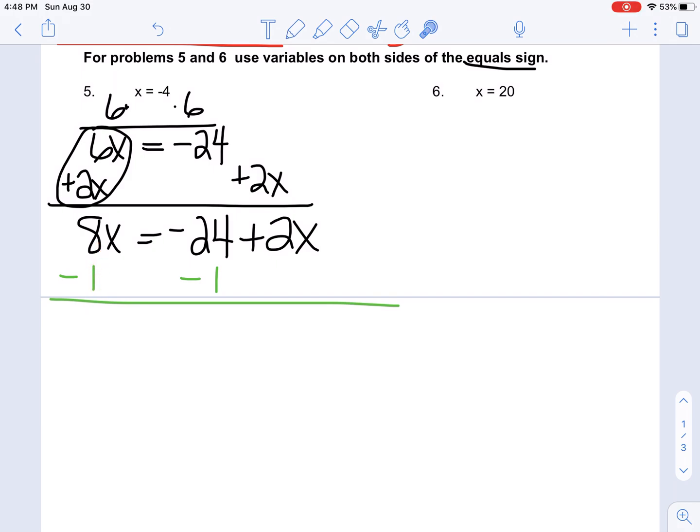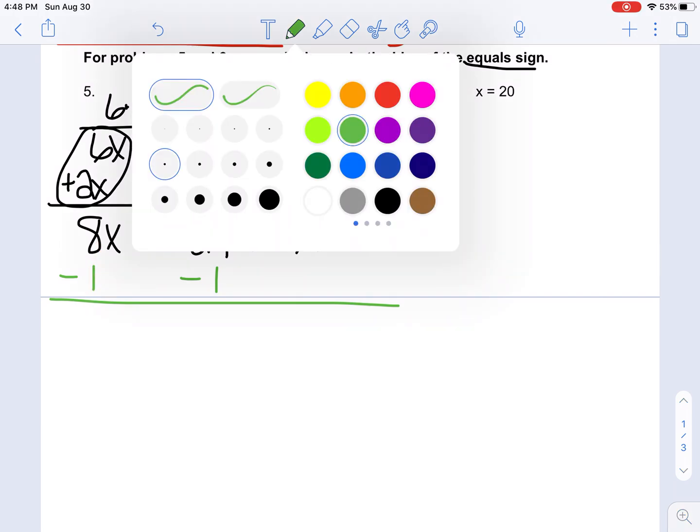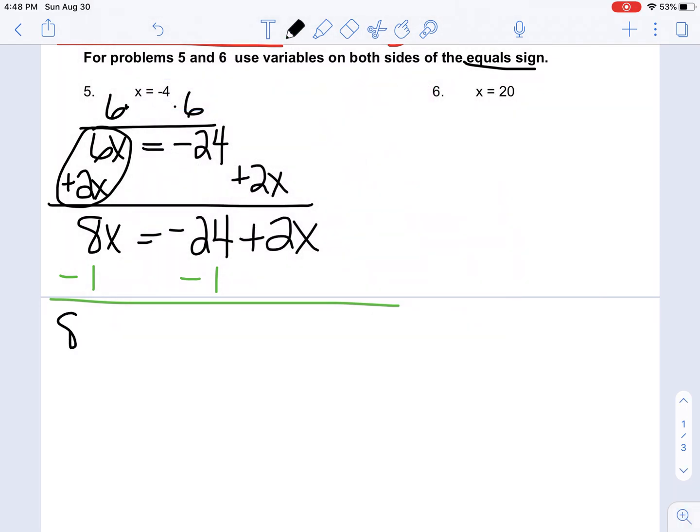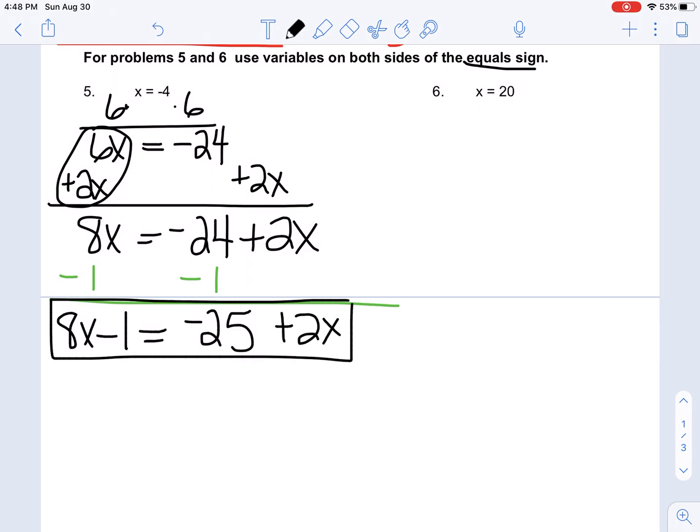These are not like terms, so I'm just going to leave it and go back to my black. 8x minus 1 equals, now the -24 and the -1 are both constant terms, so I can combine those together. That adds up to -25 and then plus 2x. And there you have an equation with variables on both sides.